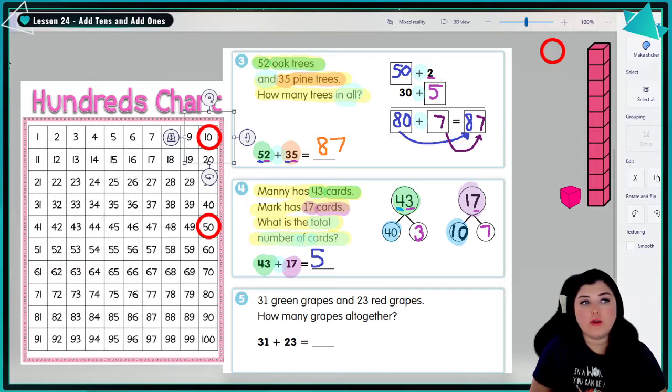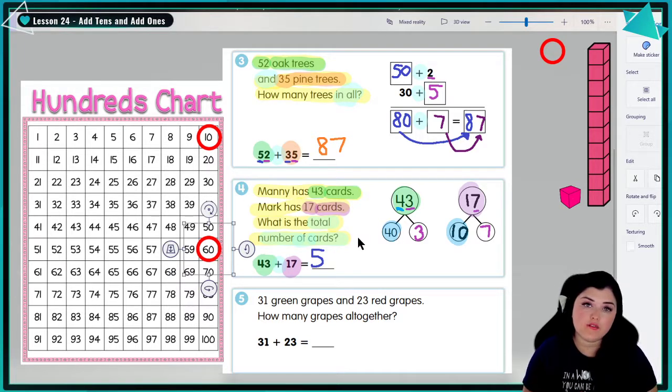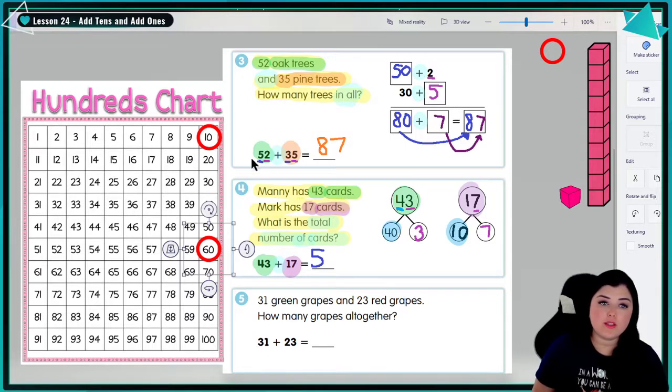So 1 more than 5 is 6. 5 plus 1 is 6. And if I have 5 tens, which is 50, plus 1 group of 10, so 50 plus 10 makes 60.